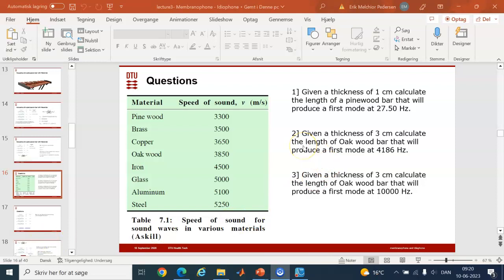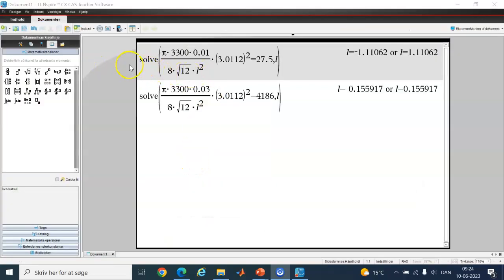We can calculate it by hand or using InspireCast or MATLAB. So I can just do the first of those two. The first one is the length of a pine wood bar with this speed of sound, 3,300 meters per second, thickness 1 centimeter, and a first mode of 27.5.